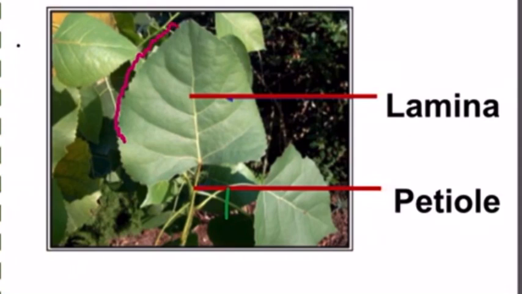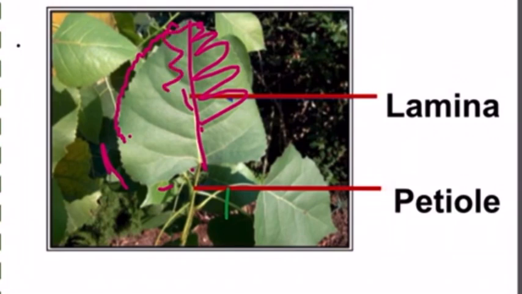Like this, the edge, the blade of the leaf is cut. But these cuts are not reaching the midrib. If they had reached the midrib, then the cuts would be like this, like our tamarind leaf.